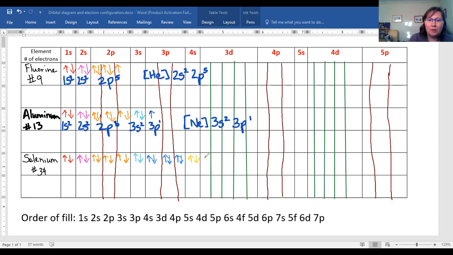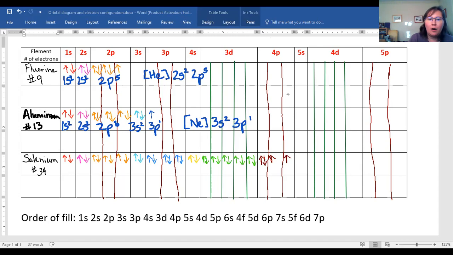Now we've got our d orbitals, 21, 22, 23, 24, 25, 26, 27, 28, 29, 30. We're getting close to our 34 now. So 31, 32, 33, 34. Okay.